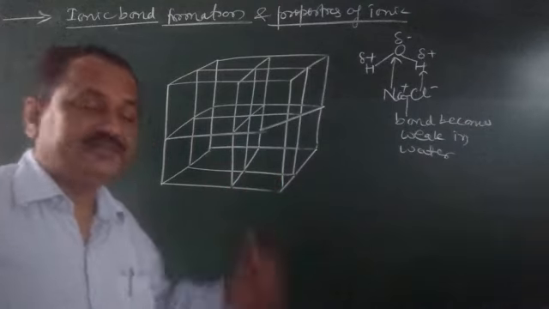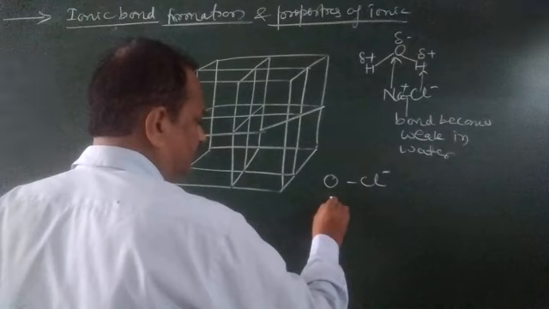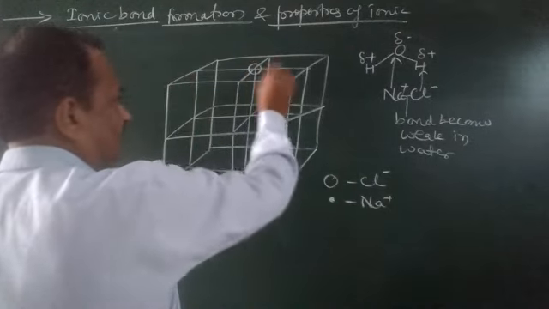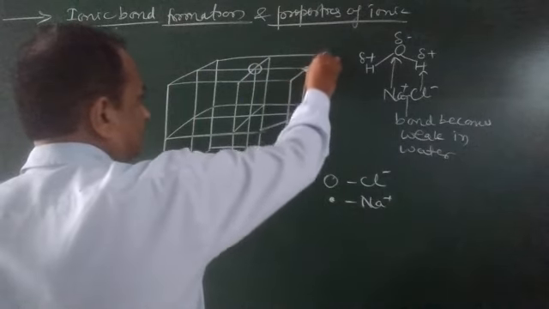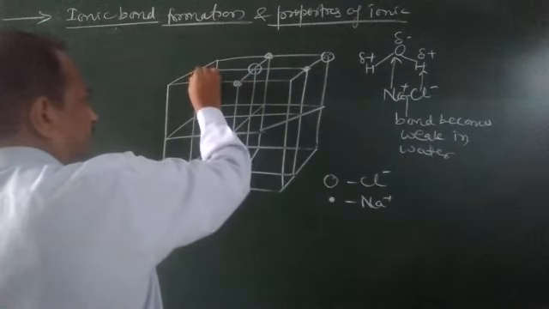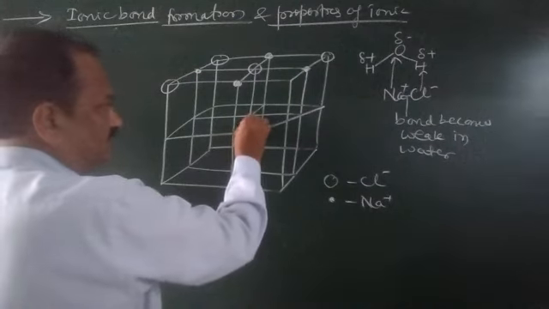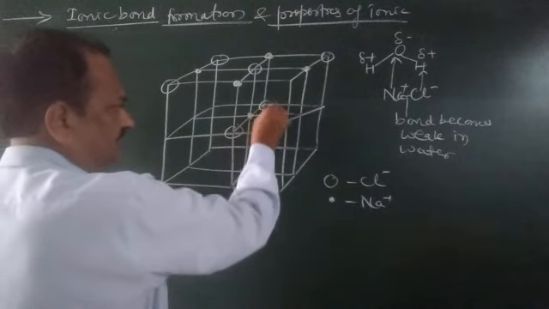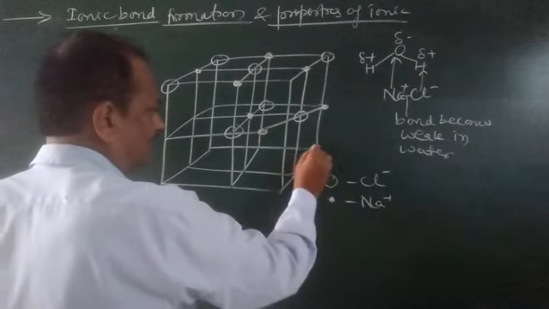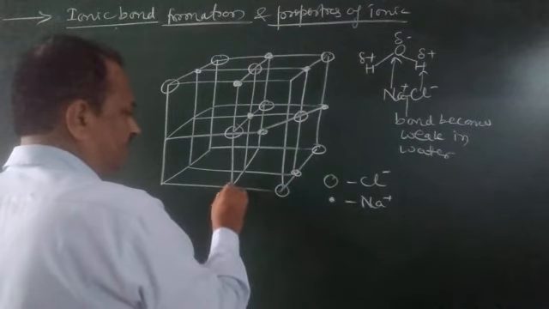See the 3D structure, and if you have an index like this is the chloride ion, and this is the sodium ion. So if you draw a chloride ion here, there will be a sodium ion, here chloride, here sodium, here sodium, here sodium, here chloride, here chloride. So just the opposite case has to be drawn here. Opposite case. So this is called the lattice, or three-dimensional arrangement.